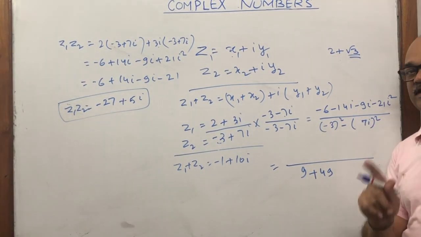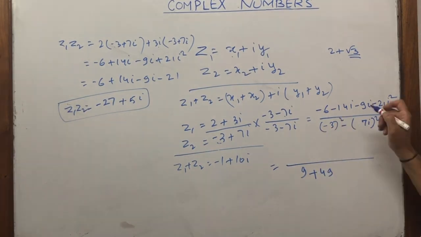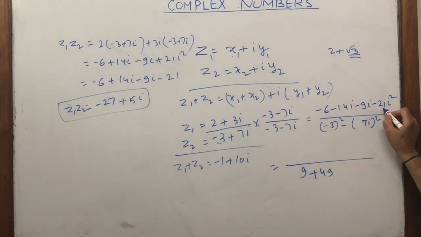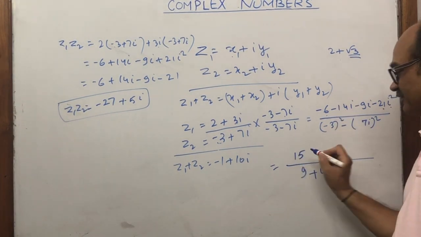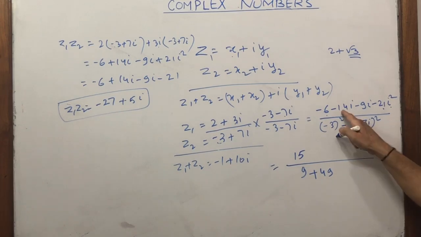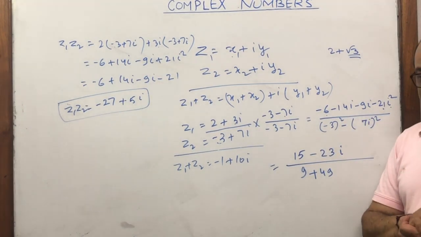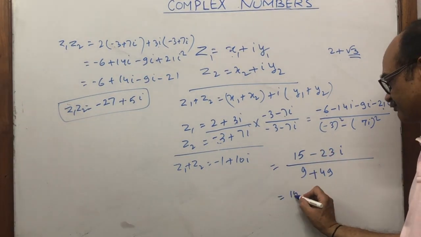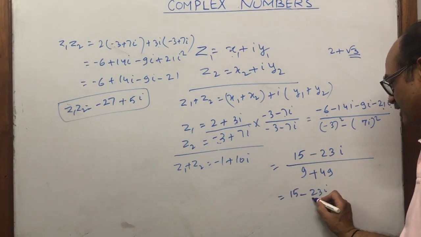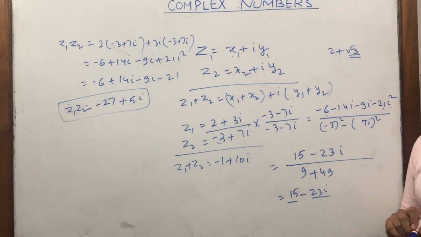Numerator: minus 6 and plus 21. Why plus 21? 21 into minus 1, so plus 21, and so only 15. And minus 14 and minus 9, that is minus 23. So the final answer is 15 minus 23 iota, divided by 58.